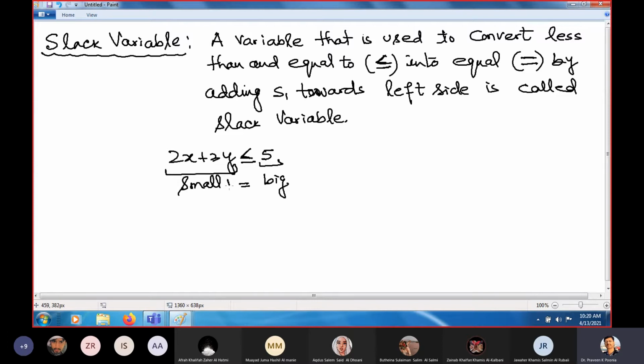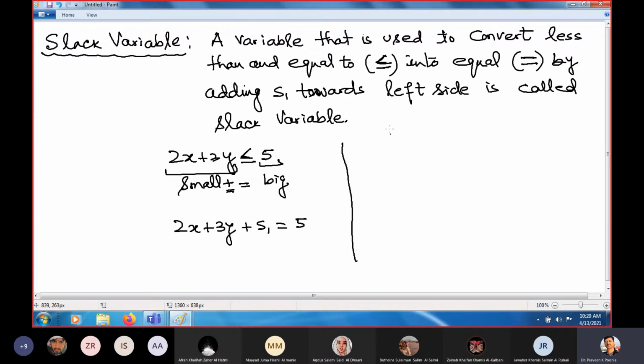How will you do it? You will add something. If you add to the small part, it will be equal to the big part. So 2x plus 3y plus s1 equal to 5. This is how we are changing less than equal to inequality into equal.